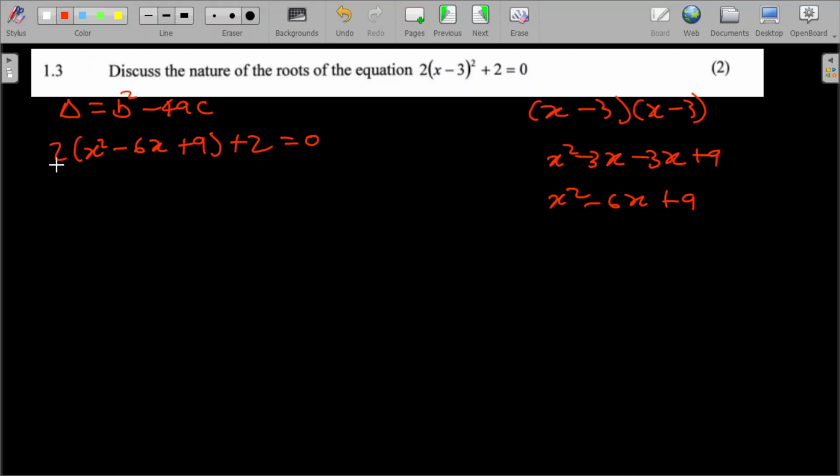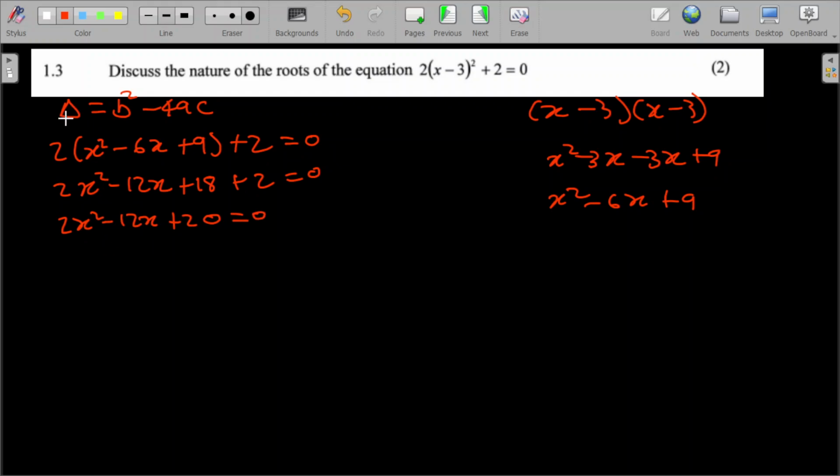Hopefully you're on the same page there. Now from here, open the bracket, so it's going to be 2x squared minus 12x plus 18, and then plus these 2 is equal to 0, and then it's 2x squared minus 12x plus 20 equals 0.